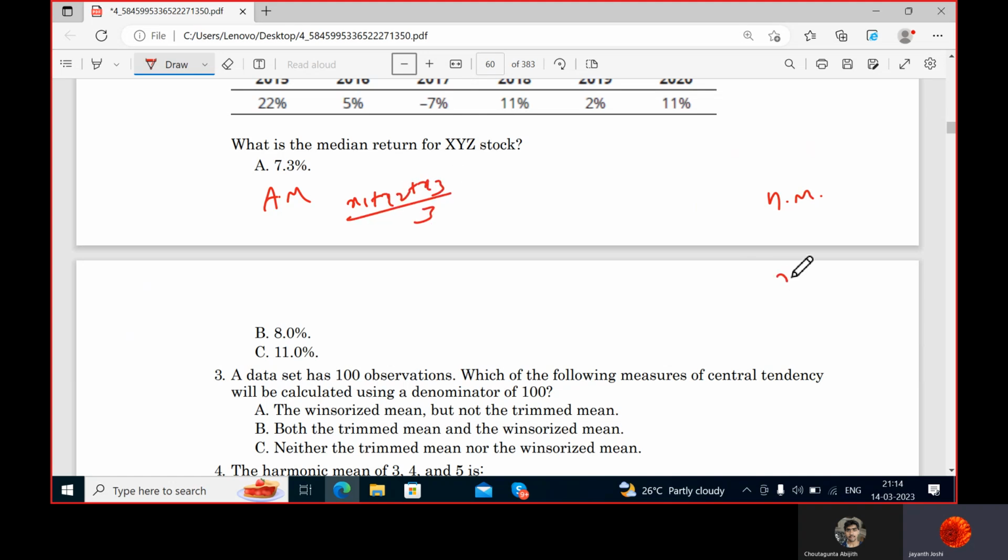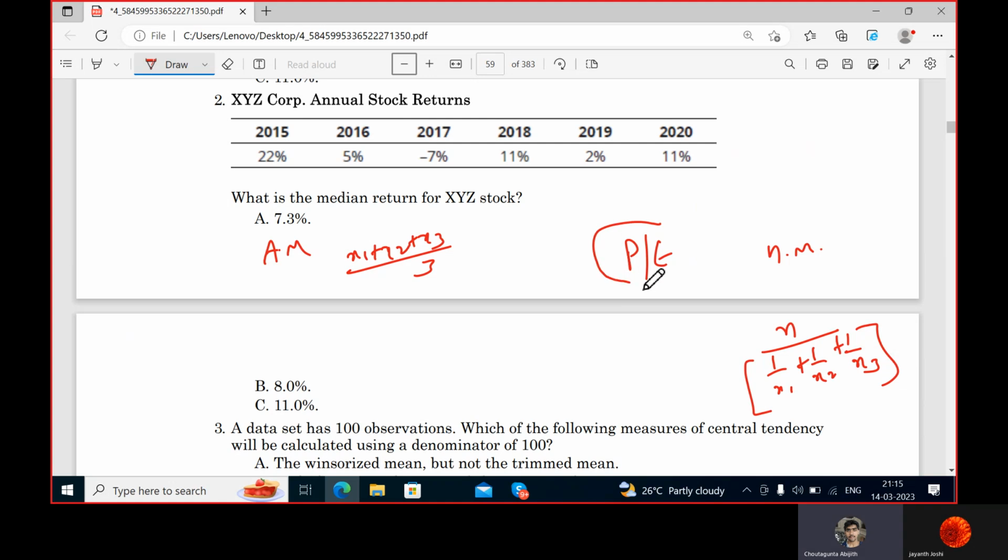The harmonic mean is n divided by 1 by x1 plus 1 by x2 plus 1 by x3. Whenever you see ratio kinds of things, like the PE ratio in the finance world, the harmonic mean is a better method to find the average.